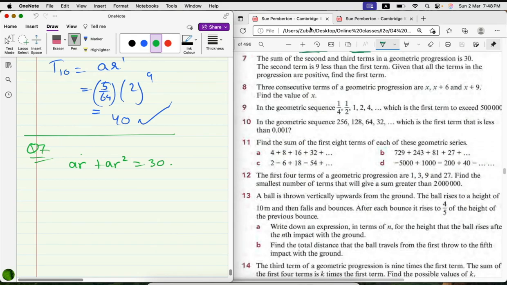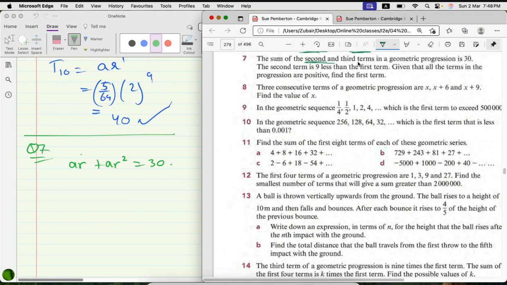So it says the sum of the second term and third term in the progression is 30. Second is AR and third is AR square, and the sum is 30. And then it says the second term is 9 less than the first term.